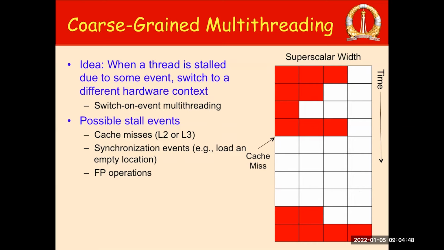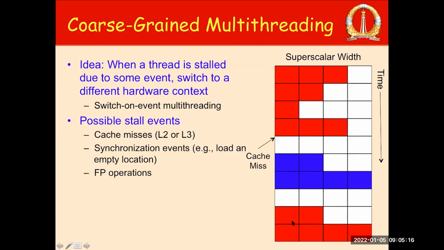Instead, if you do a context switch from one thread to another thread and start executing instructions from there, and after executing a few instructions, let's say another long latency event happens in the second thread, then you could possibly context switch back to the first thread if it is ready by that time.